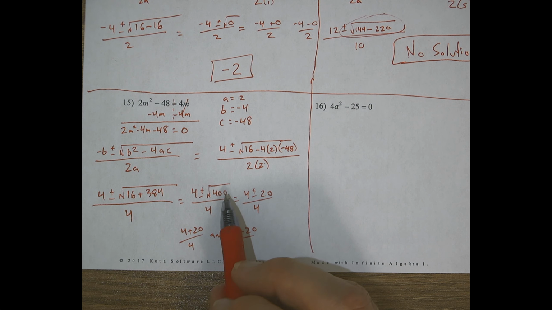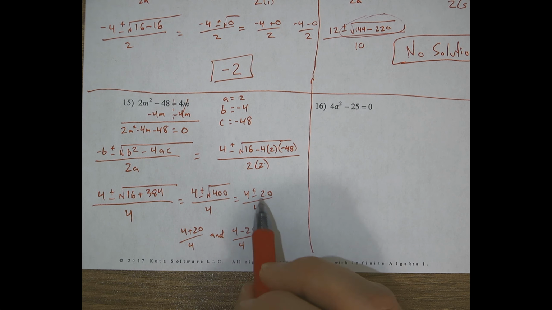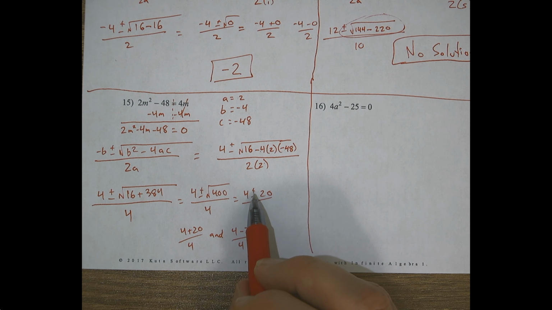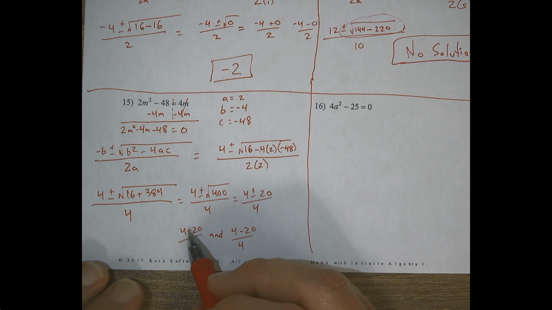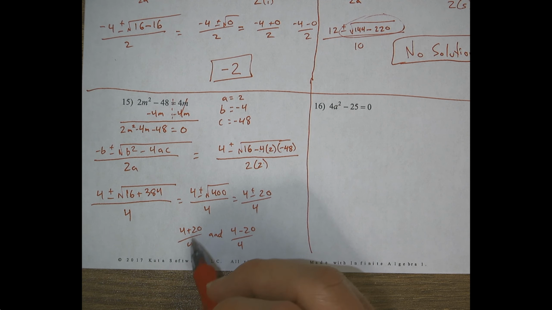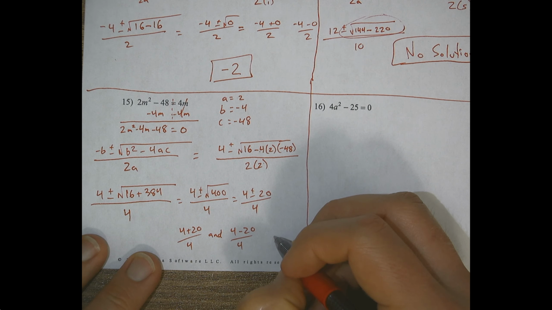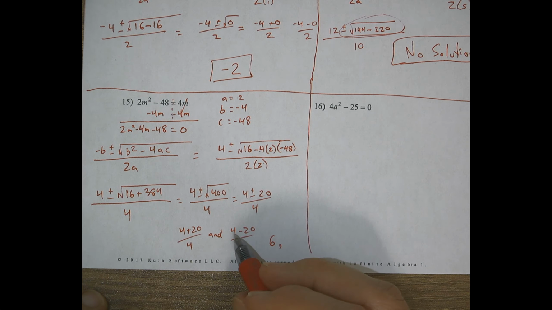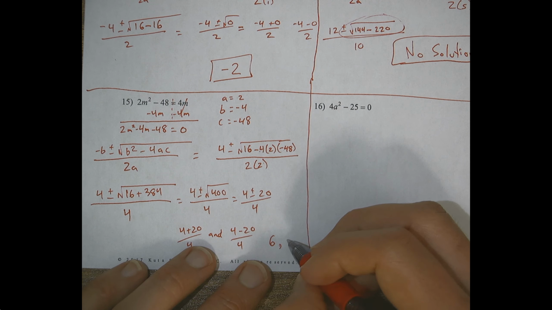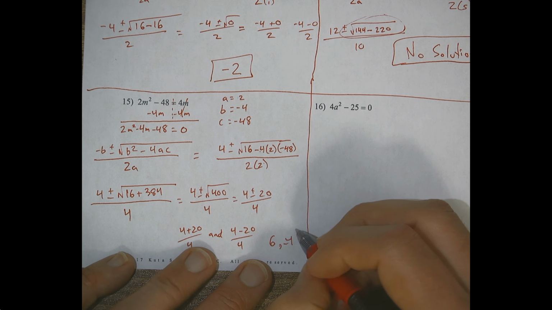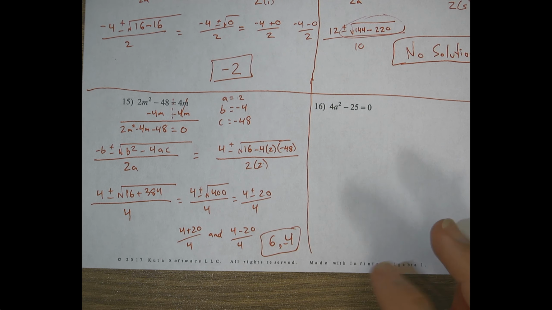Negative 20 times negative 20 is also 400. So I have to account for both the negative and positive answers. All right, so here I'm going to get 24 when I add the top divided by 4. So that is 6. And here I'm going to get negative 16 divided by 4, and that's negative 4. So my 2 answers are 6 and negative 4.